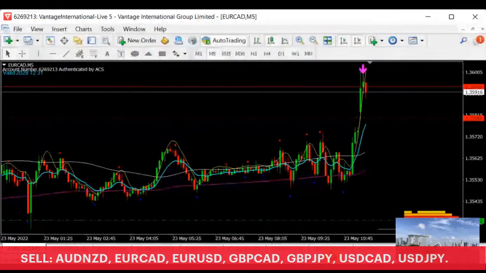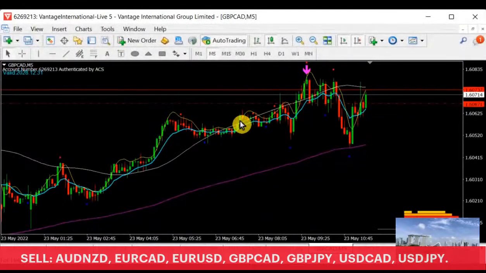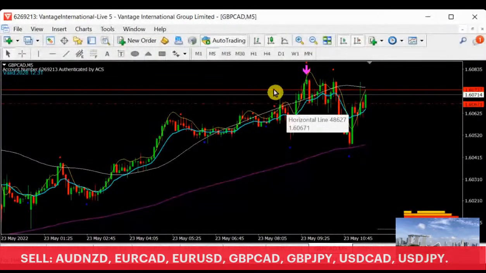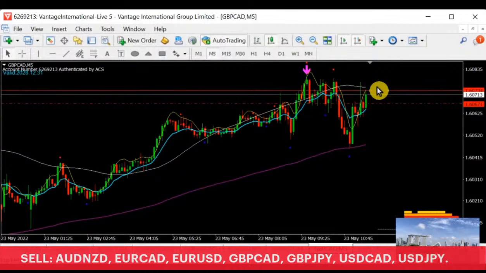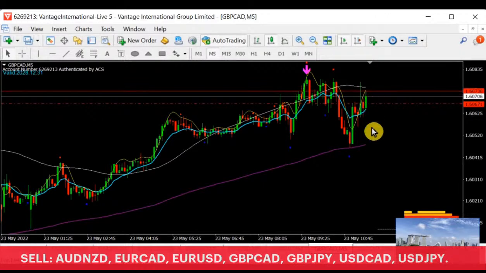So let's go for pound CAD. Pound CAD over here, the supporting chart over here. Now as you can see, it's moving towards the white line. This is a moving resistance and it's actually near the white line and started to slow down. So is this a good time that later on we can have another selling?